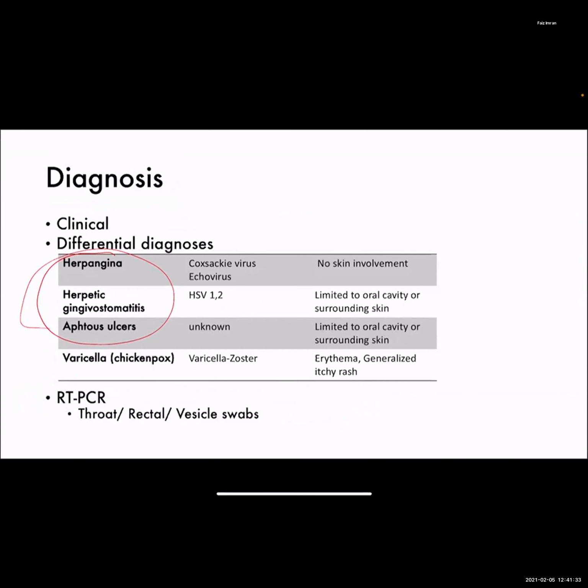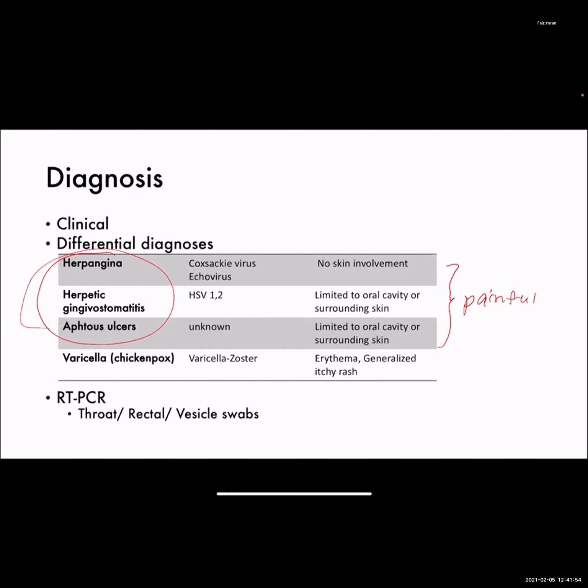The lesions will only present inside the mouth, and they are substantially more painful. So do note that in HFMD you can have both enanthem and exanthem, but you can also have one without the other.